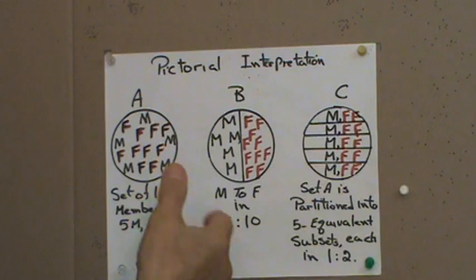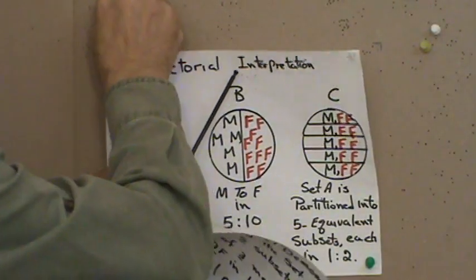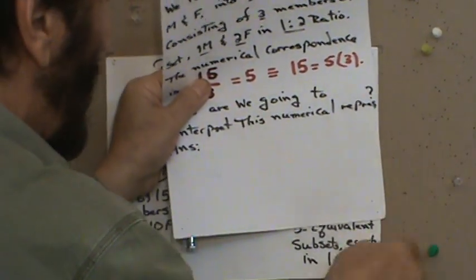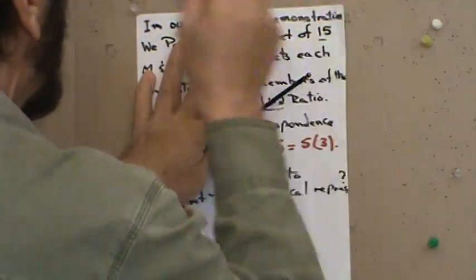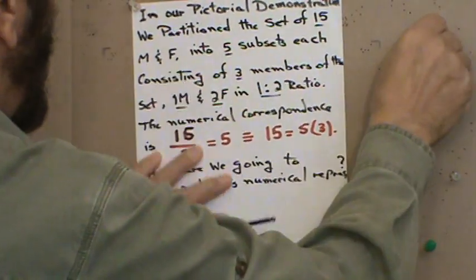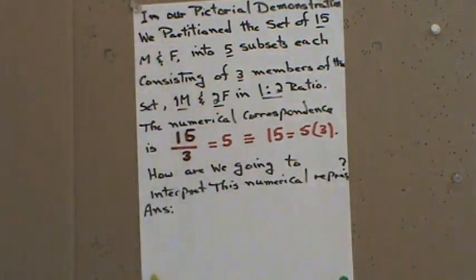Now let's see how we can transfer this pictorial interpretation to a numerical representation. How can we come to a corresponding numerical representation? Looks like it's zoomed well.